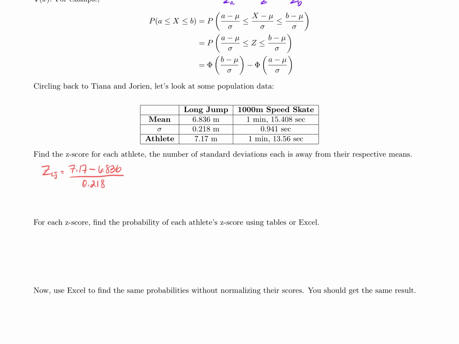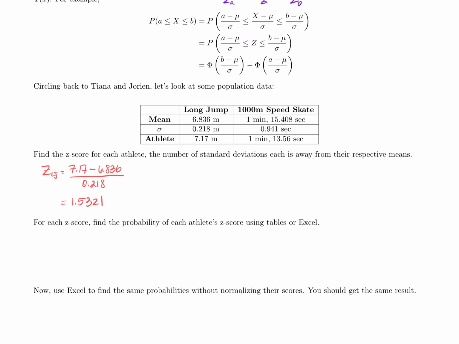That is meters minus meters divided by meters, which in the end is meter over meter, which is now unitless, which is exactly what we were looking for. And we get a z-score for the long jump of 1.5321. So this z-score says that this result was 1.5 standard deviations above normal.